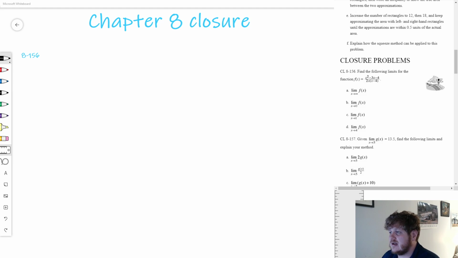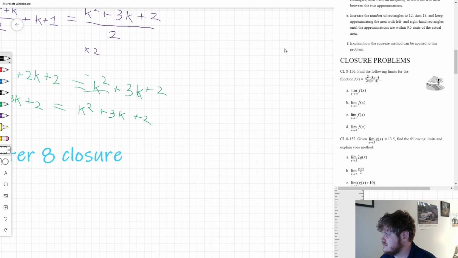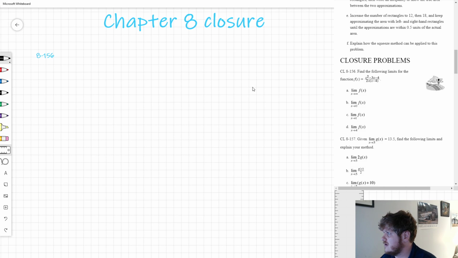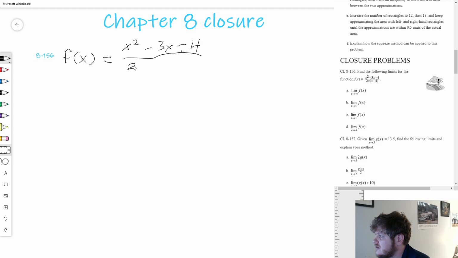So if we go ahead and we have our function right here of f of x equals x squared minus 3x minus 4 all over 2x times x minus 4.